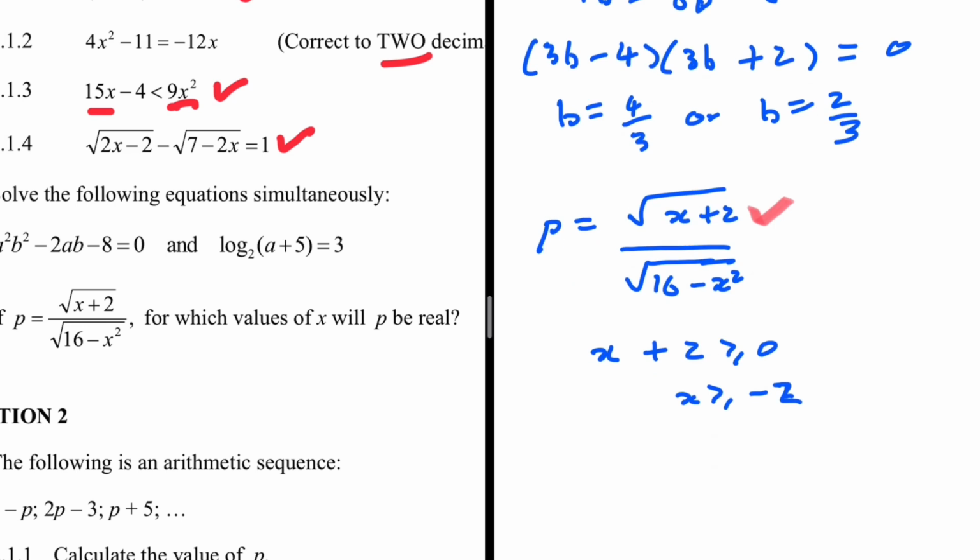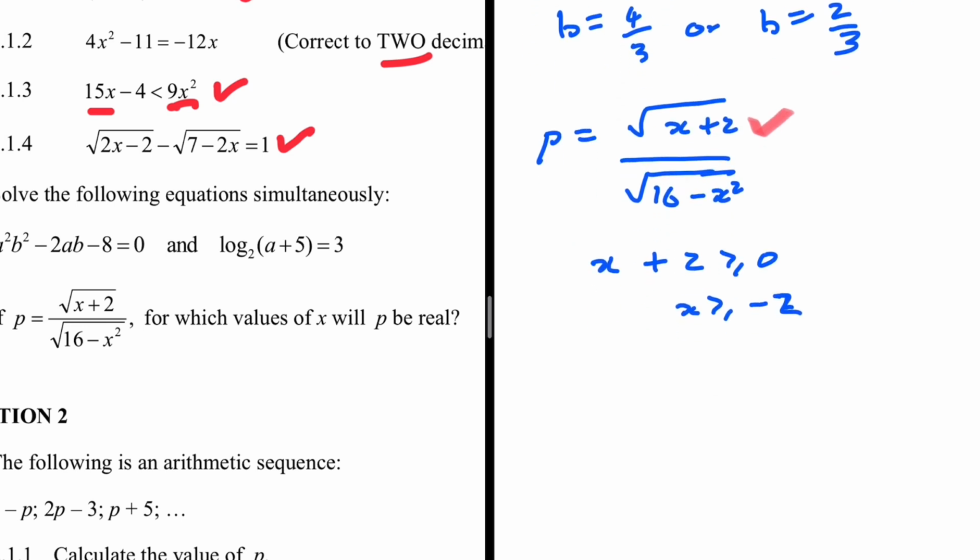Let's deal with the denominator. In the denominator, we still need that to be positive, because if it is negative, the square root of a negative will be undefined. Our answer will be non-real. But not only do we need it to be positive, we need it to be greater than 0, because we cannot divide by 0, unlike in the numerator.